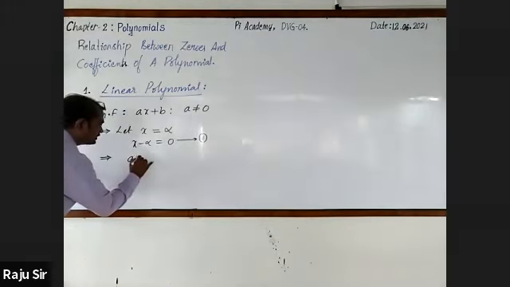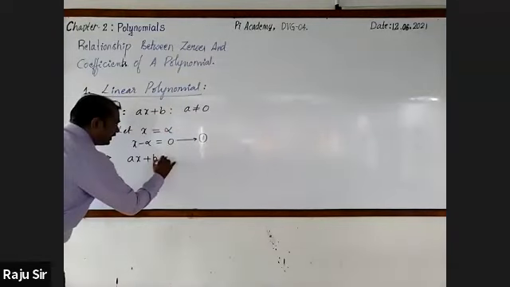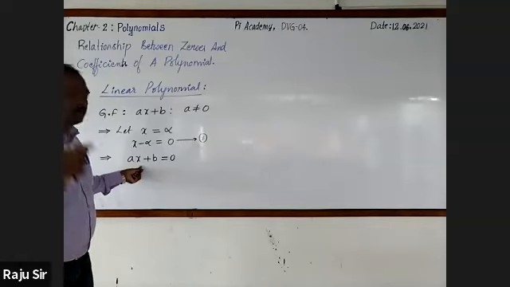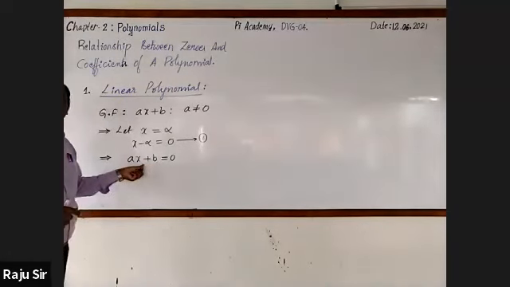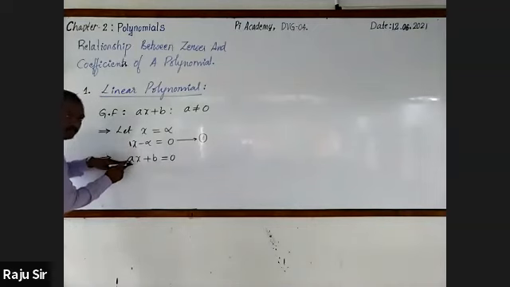Next, I am going to take the given polynomial. Given polynomial is ax plus b. Let us equate this to 0. The reason is, earlier one student asked, sir, why should we divide this by a only? Now observe, your coefficient is 1. I want coefficient 1 here.